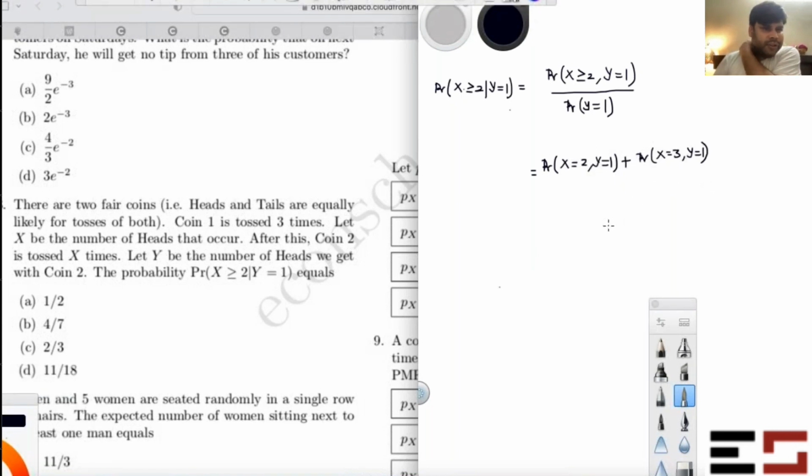Because x greater than or equal to 2 is 2 possibilities. Either x is 2 or x is 3. And they are kind of disjoint.